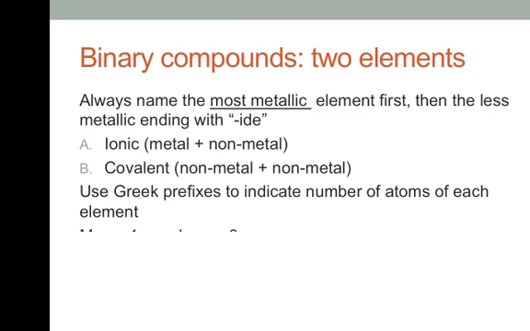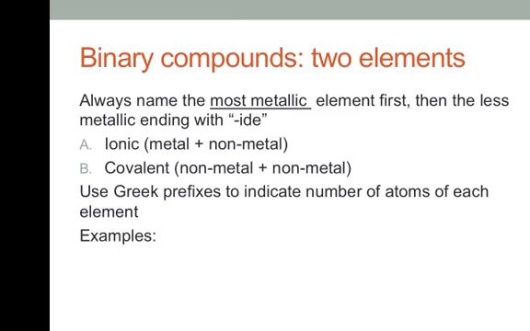So, what are those prefixes? You might be familiar with these, maybe from geometry or just words that you know. Mono means 1, so if you have 1 of a certain atom, it'd be mono that. Di is 2, tri, like a tricycle, is 3, tetra 4, penta 5, hexa 6, and so on. This list could go on, but mostly we'll only be using these smaller numbers.